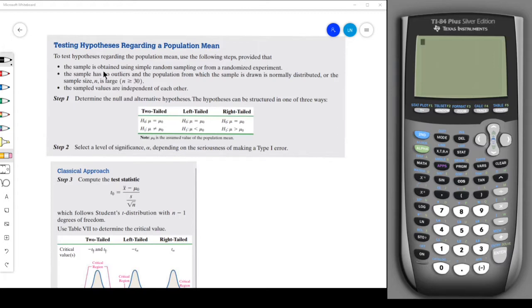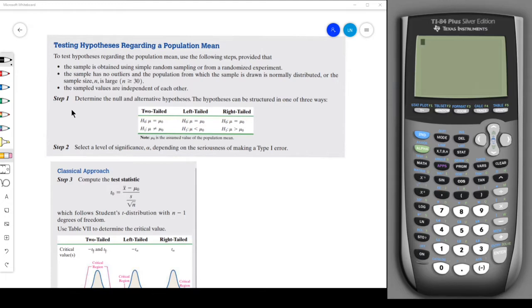The sample has to be a simple random sample or from a randomized experiment. The sample has to have no outliers, and the population from which the sample is drawn is normally distributed, or the sample size is large, and we're considering greater than or equal to 30 as being large.